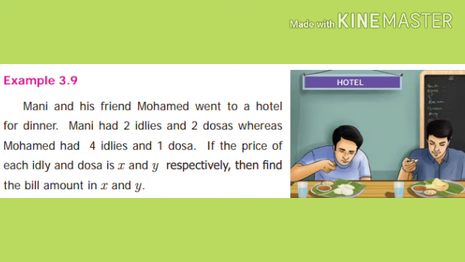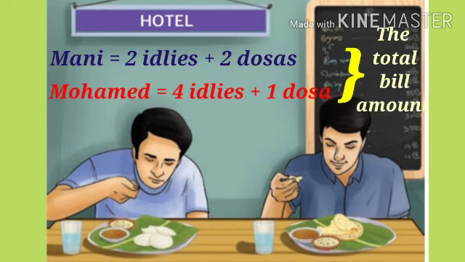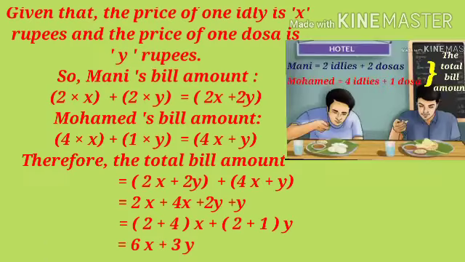If the price of each idli and dosa is X and Y respectively, then find the bill amount in X and Y. Given that the price of 1 idli is X rupees and the price of 1 dosa is Y rupees. Here, Mani is said to have consumed 2 idlis and 2 dosas. So, Mani's bill amount we can write as 2 into X plus 2 into Y.